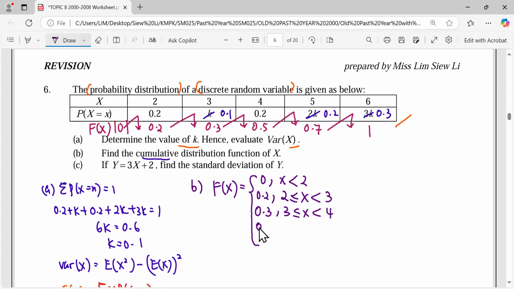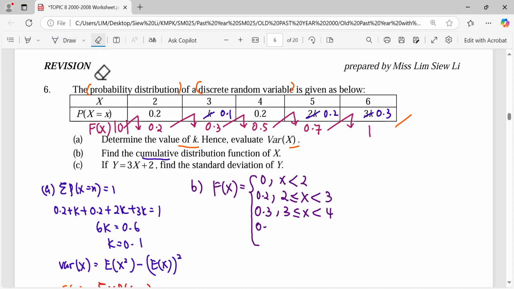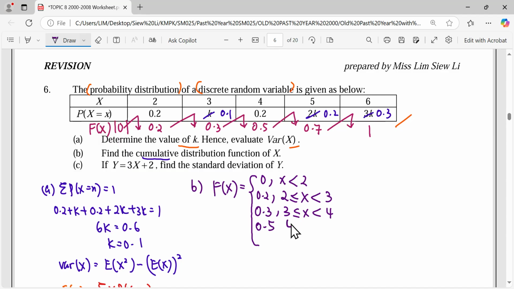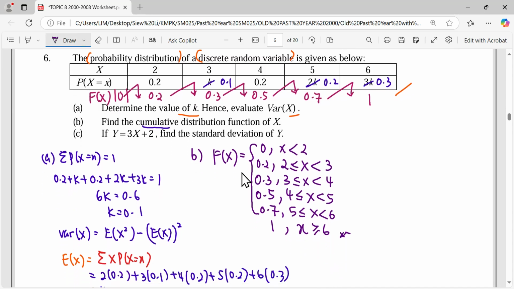Continue, this is 0.5, it is under 4 and then before 5. Continue, this is 0.7, this is under 5, then less than 6. Then the last one is 1, where x is 6 or more, which means the rest of it is 6. So x is greater than or equal to 6. Alright, so that will be our cumulative function.